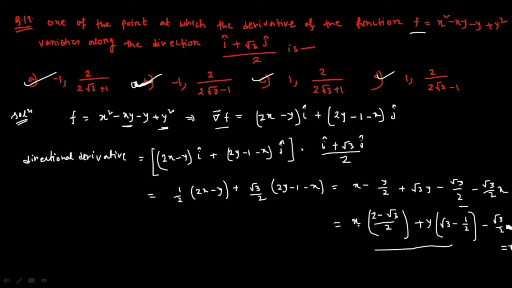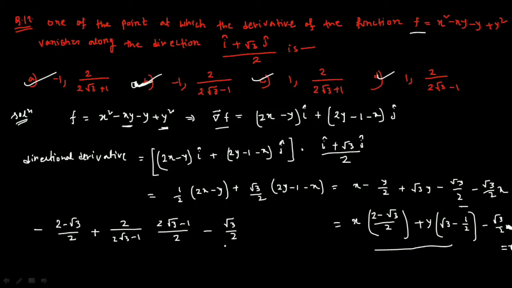When you put x equal to minus 1, you will get minus 2 minus root 3 by 2, plus for y you have to put 2y, 2 root 3 minus 1 minus 1, and here you will get 2 root 3 minus 1 divided by 2, and minus root 3 by 2.